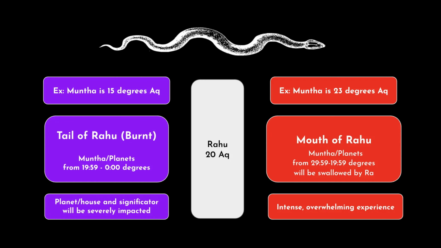Now, if the Muntha, let's say, is at 15 degrees, so it's past the degree of Rahu, this is called the tail of Rahu or when it is burnt. This has other effects which destroy either the house or its signification. That's another piece of information that you want to put in your toolbox that can help you understand when you see the Muntha with Rahu.